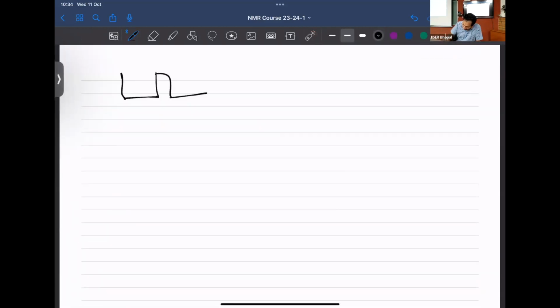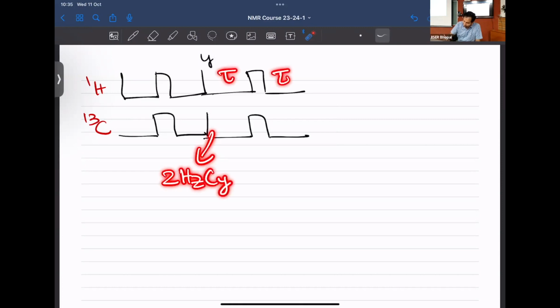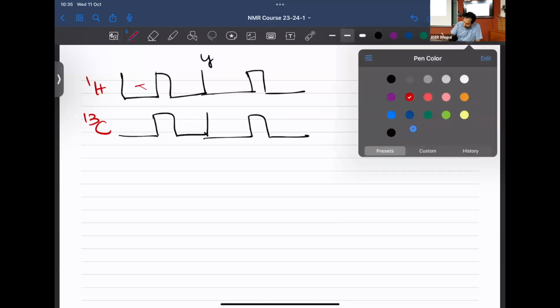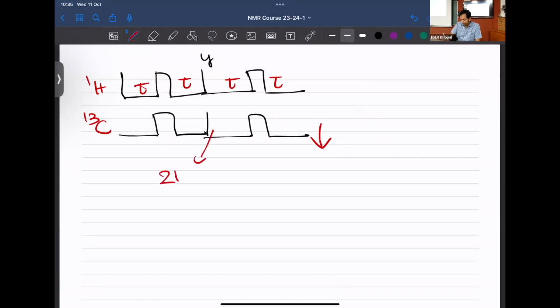You extend the INEPT with another refocusing period. This we also discussed in the previous lecture before finishing off midsem, where it's going to be something like 2HZCY, but after another bunch of tau delay, you would be able to refocus it, and the 2HZCY at this point will become CX. Go back and do this to convince yourself.